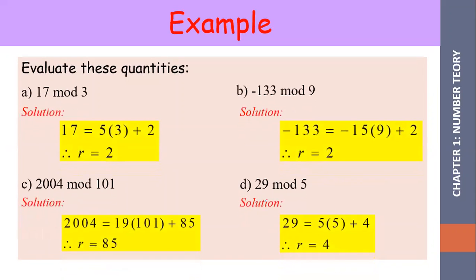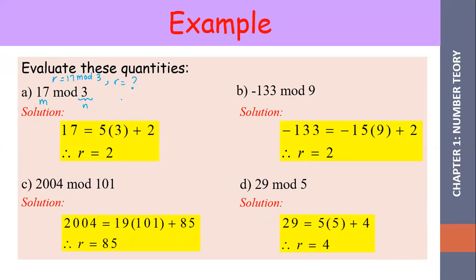Another example. Evaluate these quantities. Given 17 mod 3, we know that r is equal to 17 mod 3, and we want to find r. 17 is your dividend, and 3 is your n.